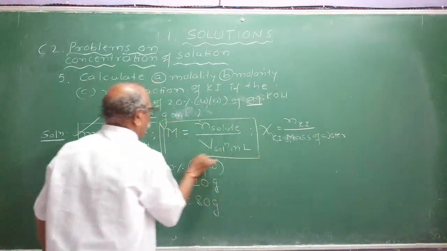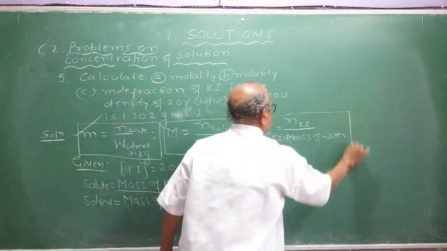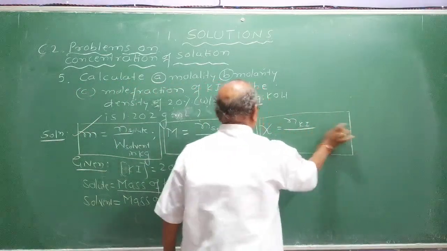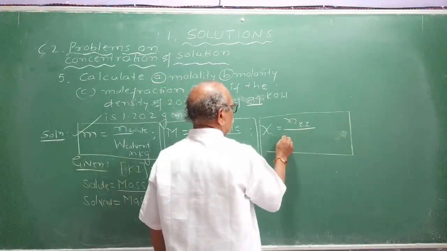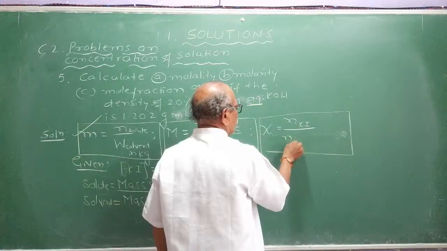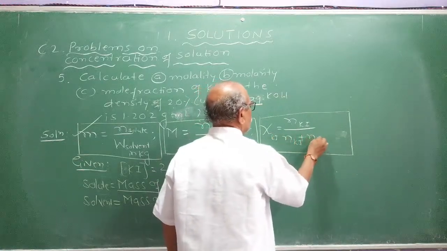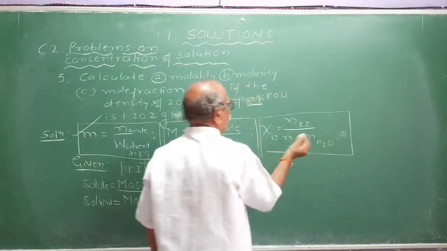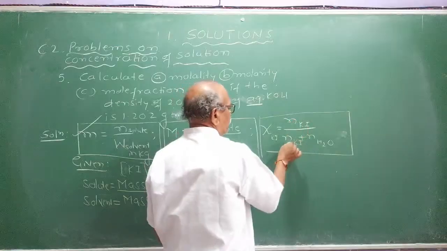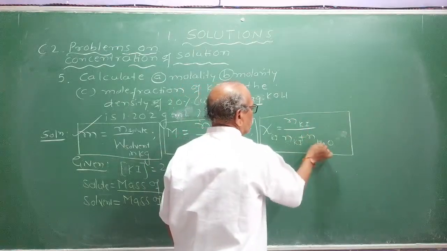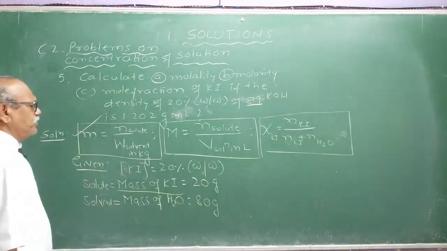Mole fraction of potassium iodide is given by number of moles of potassium iodide divided by number of moles of potassium iodide plus number of moles of water, because mole fraction is given by number of moles of the component divided by total number of moles of the components in the solution. These three formulas you should keep in your mind.